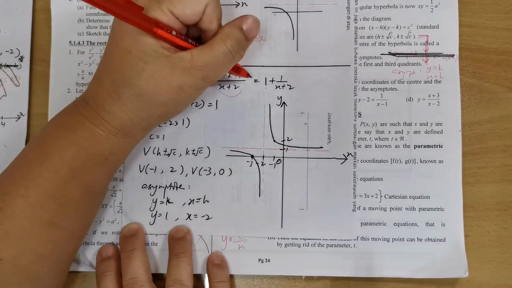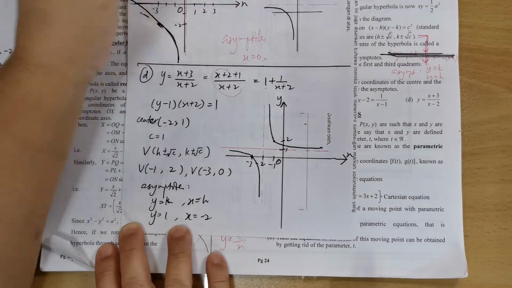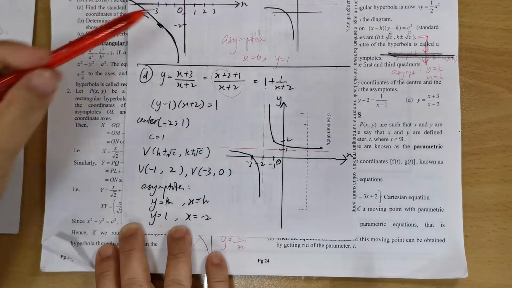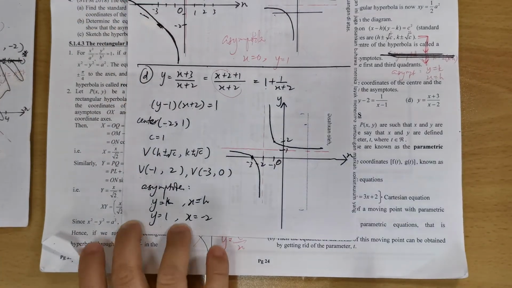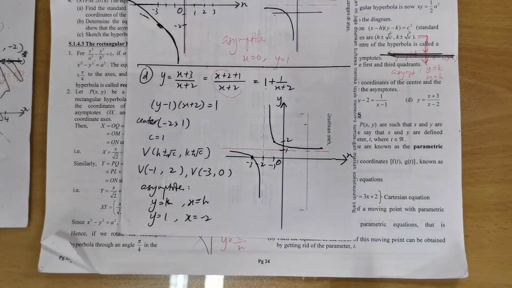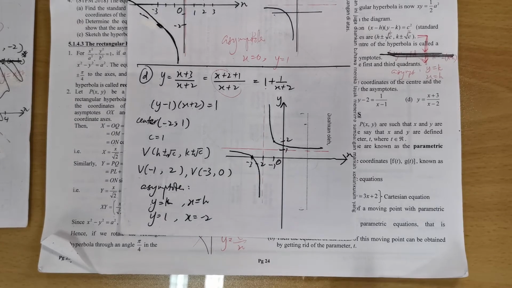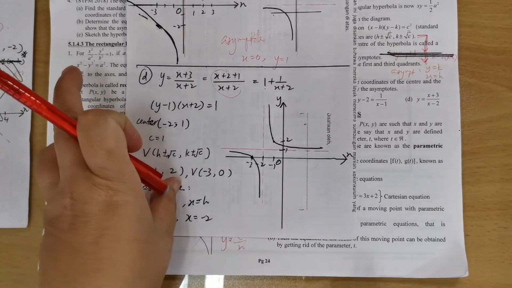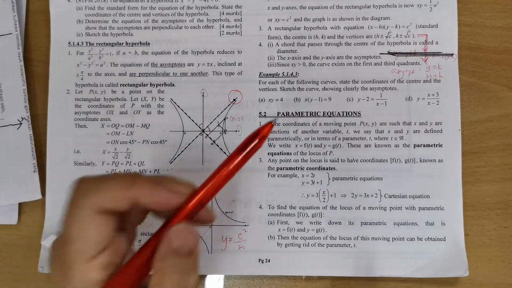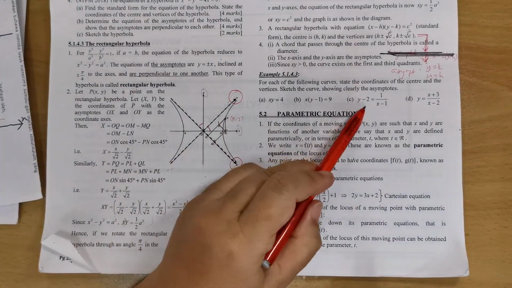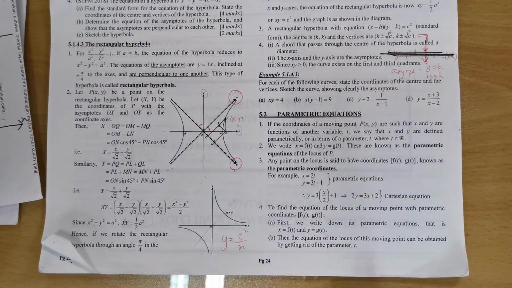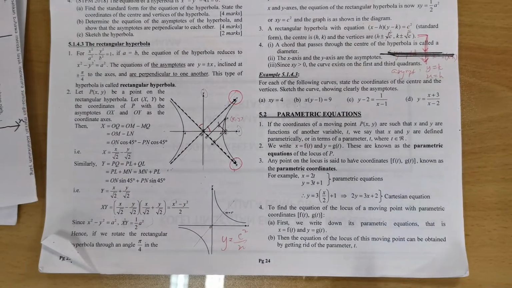So x equals 0 and y equals 1. These two are the asymptotes. Alright, so this is the rectangular hyperbola, just some extra information. So I have discussed B and D. You do A and C as homework related to the rectangular hyperbola.